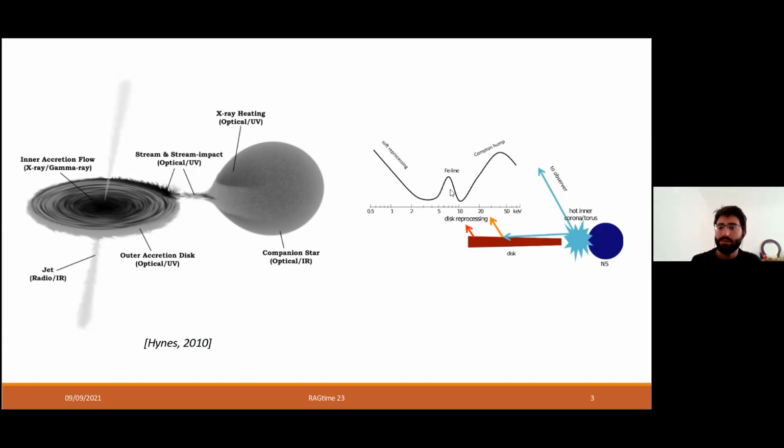Now, this was identified in the late 80s as the iron K alpha line, which is basically a simple fluorescence line of iron, which was broadened by relativistic effects given by the motion of the matter in the disk.